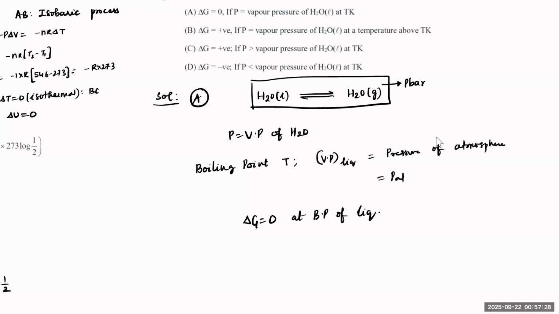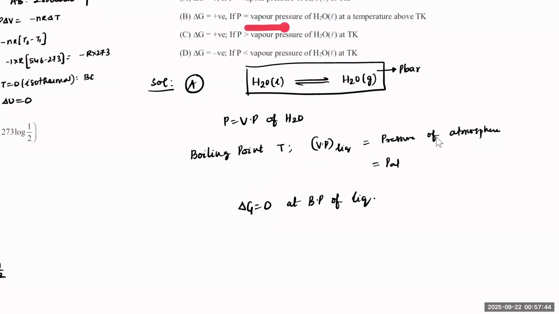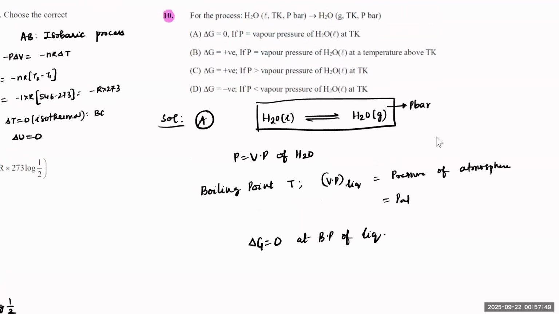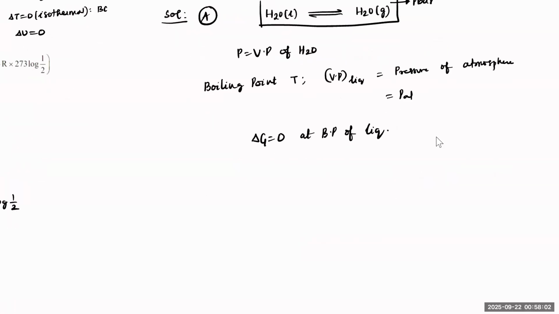Next, if P is equal to the vapor pressure of H2O liquid at temperature above T kelvins, then we are meeting this one. Notice the statement carefully here. What is said? If P is the vapor pressure of water at a temperature above T kelvins, we learned that the boiling point is T kelvins.